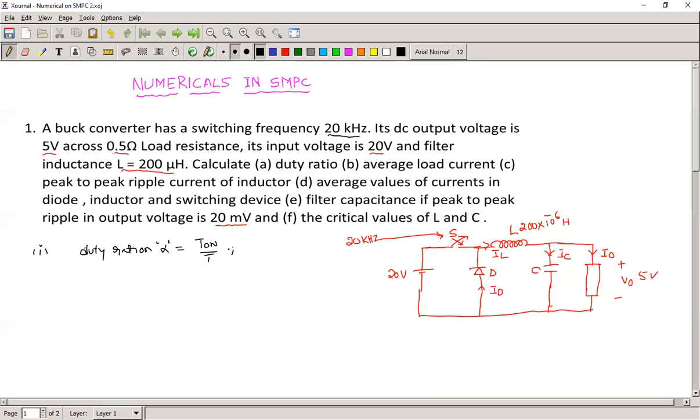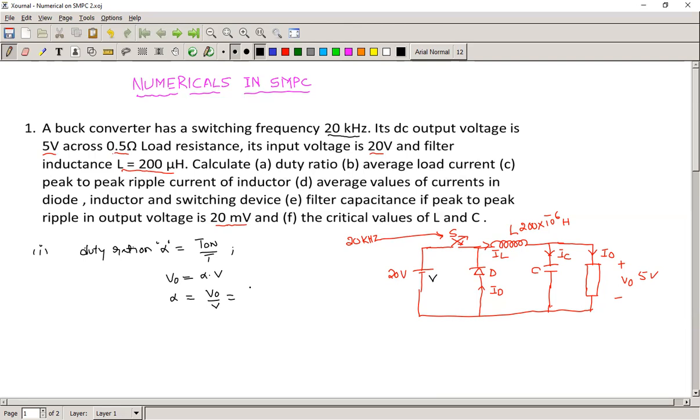You can also calculate the duty ratio if you know the input voltage and output voltage, because here we know both. In the buck converter, the output voltage V0 equal to alpha into V, where V is the input voltage. So alpha equal to V0 by V.